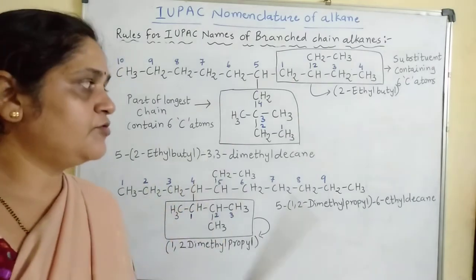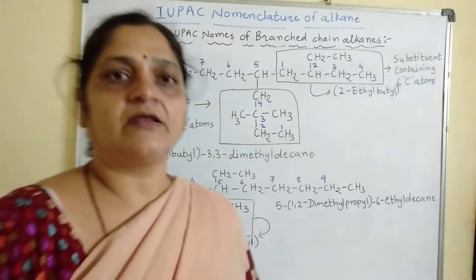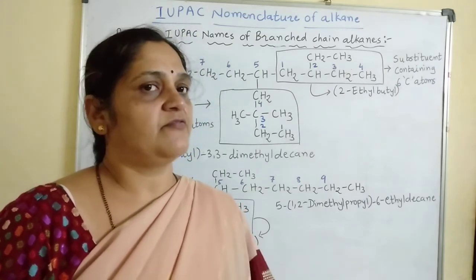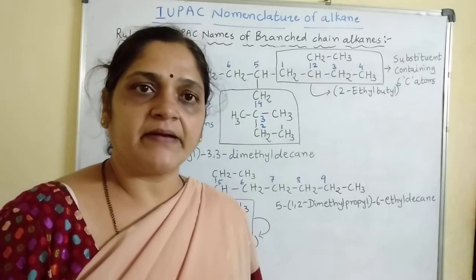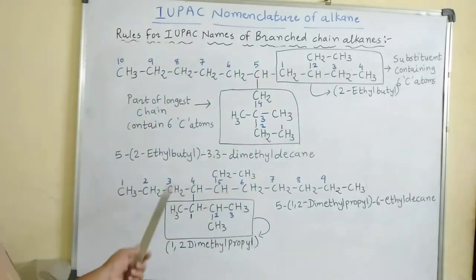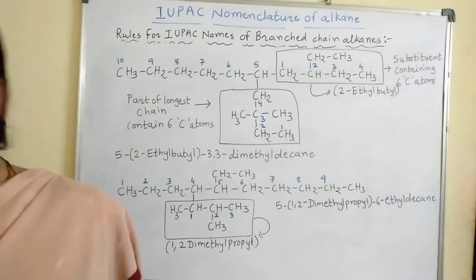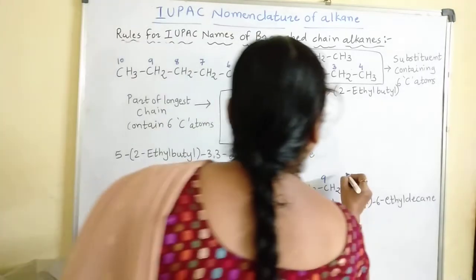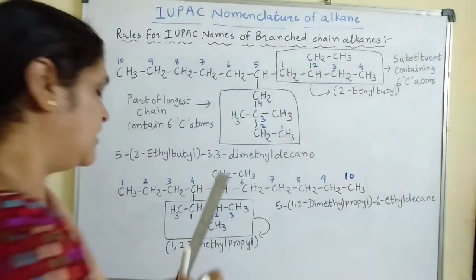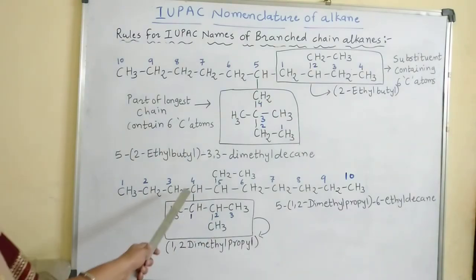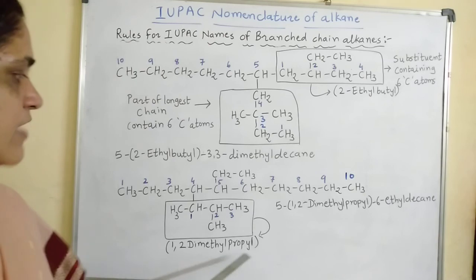Here when you are going to decide the alphabetical order, at that time the complete name of the complex substituent we have to consider in the alphabetical order. You can check over here. Here you are getting carbon number up to 10, so this is decane. Now carbon number 5 carries an ethyl group and carbon number 4 carries a 1,2-dimethyl propyl group.